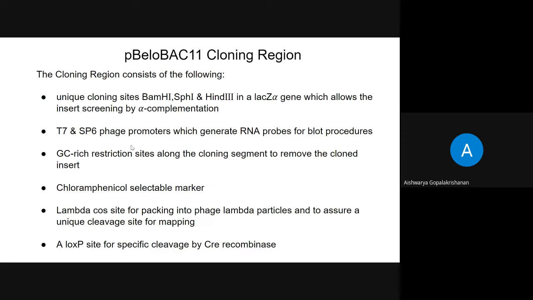It has several GC-rich restriction sites flanking the cloning segments for removal of the cloned insert. It has a chloramphenicol selectable marker. It also has a lambda cos site for packaging into phage lambda particles if desired, and also assures a unique cleavage site for mapping. It has a loxP site for specific cleavage by Cre recombinase. Cre recombinase is a tyrosine recombinase, and it mediates site-specific recombination between two DNA recognition sites.